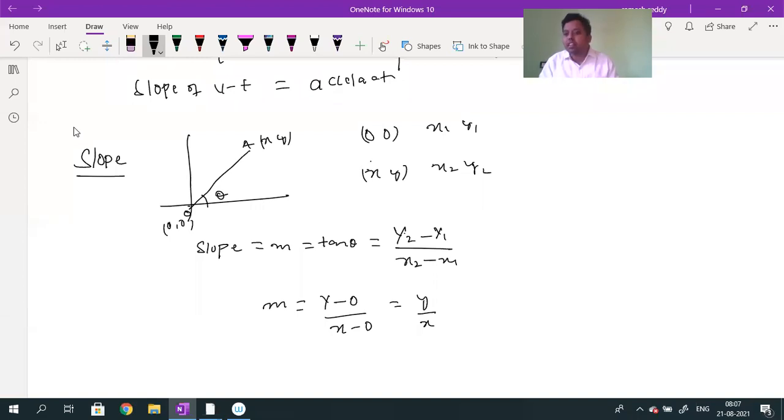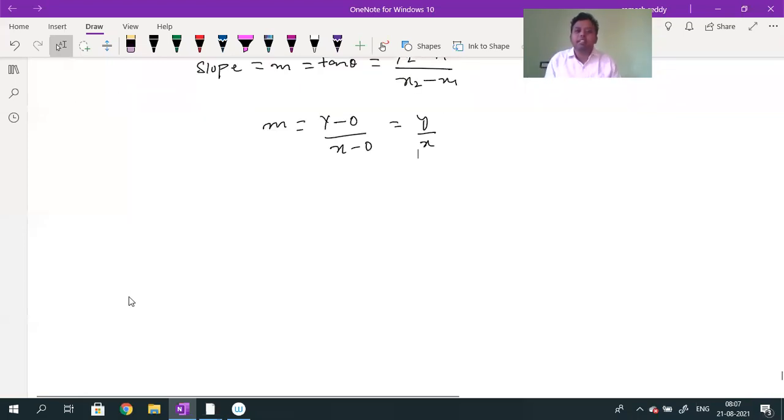This is the formula for the slope: m is equal to y by x. Okay? So whenever a graph is a straight line passing through origin, y is equal to mx. From this I can write the equation for the straight line passing through origin as y is equal to mx.